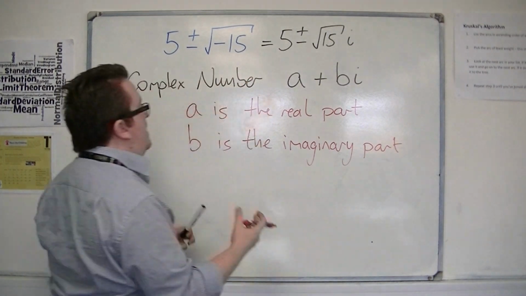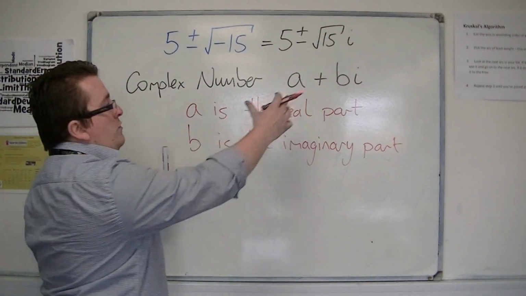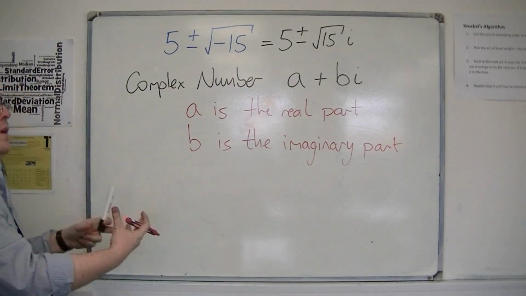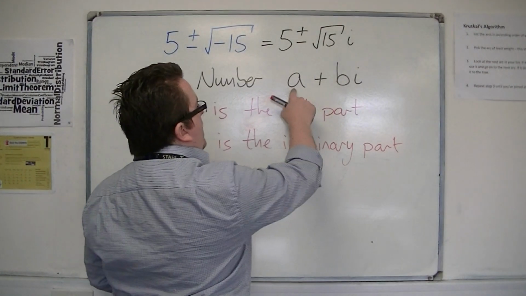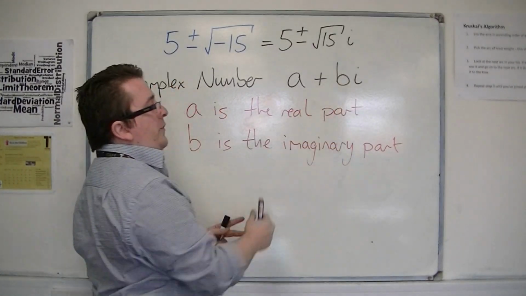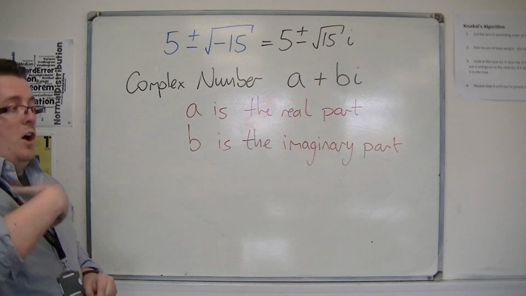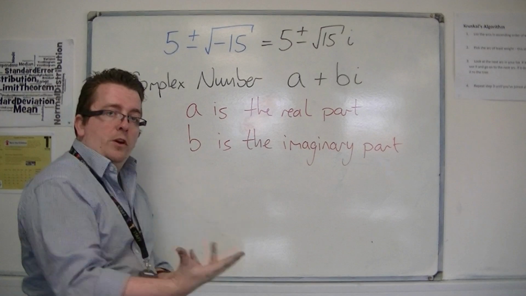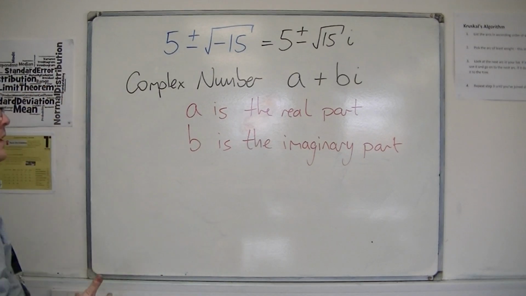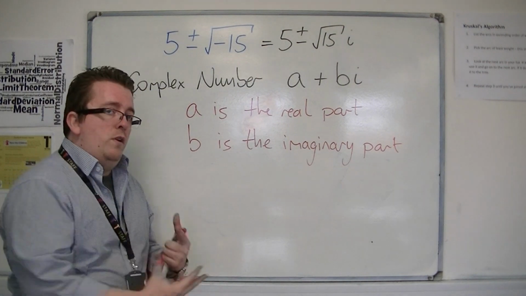So b is the coefficient of the imaginary number i, and that we call the imaginary part. So it's a number plus this extra bit that may or may not exist. And a whole mathematics has been built up around complex numbers. And there's a lot of things you can do with them, and they are incredibly useful.